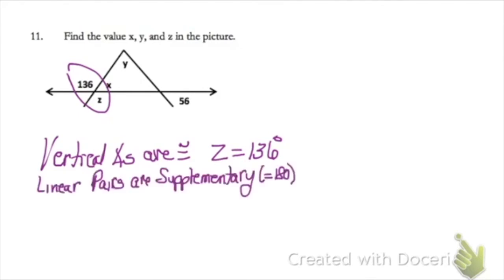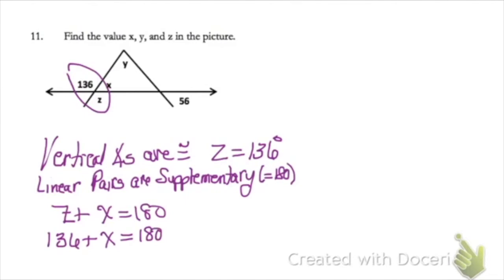And remember that linear pairs are supplementary, so they equal 180. So I know that z plus x equals 180, and I know that z is 136. So 136 plus x equals 180. Therefore, x has to equal 44 degrees.